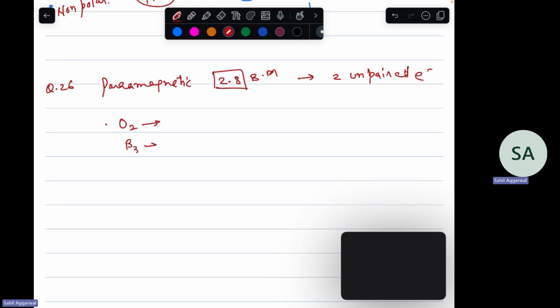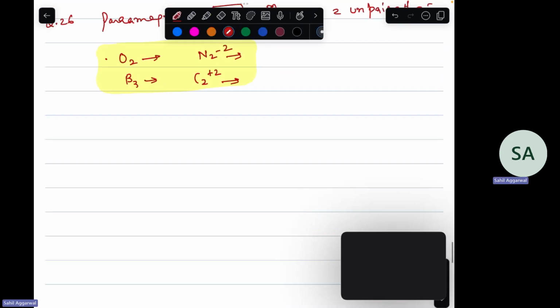B2 के पास है एज पर द मॉलिक्यूलर ऑर्बिटल थ्योरी. B2 के पास है इसलिए C2 2 प्लस के पास भी होंगे. O2 के पास है इसलिए N2 2 माइनस के पास भी होंगे. That's it. They will have 2 unpaired electrons.